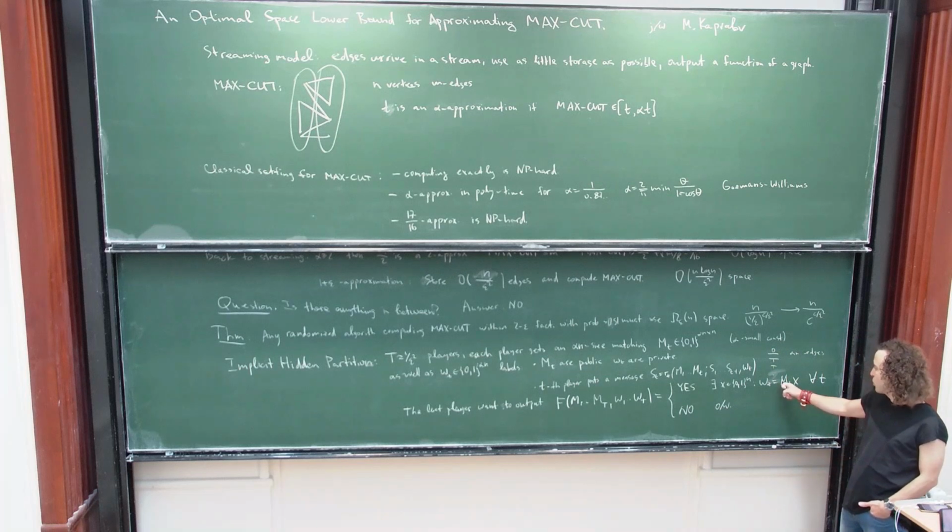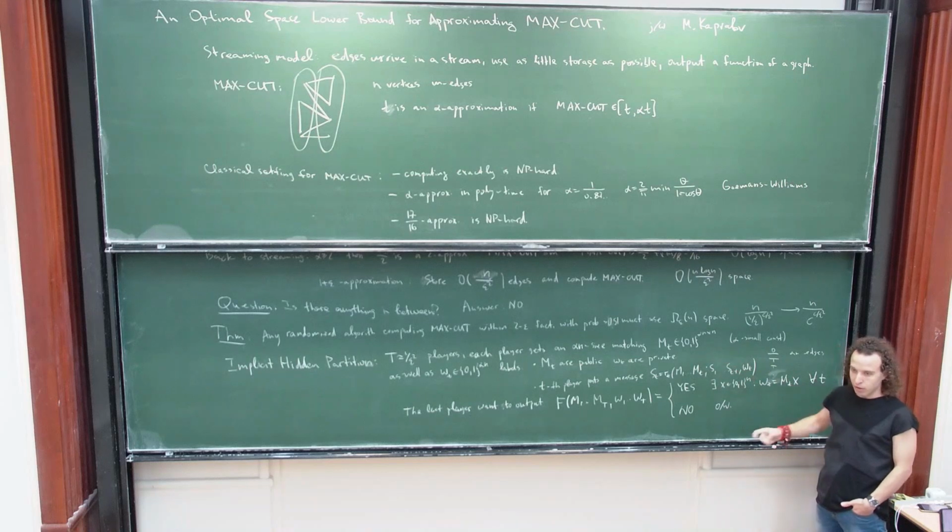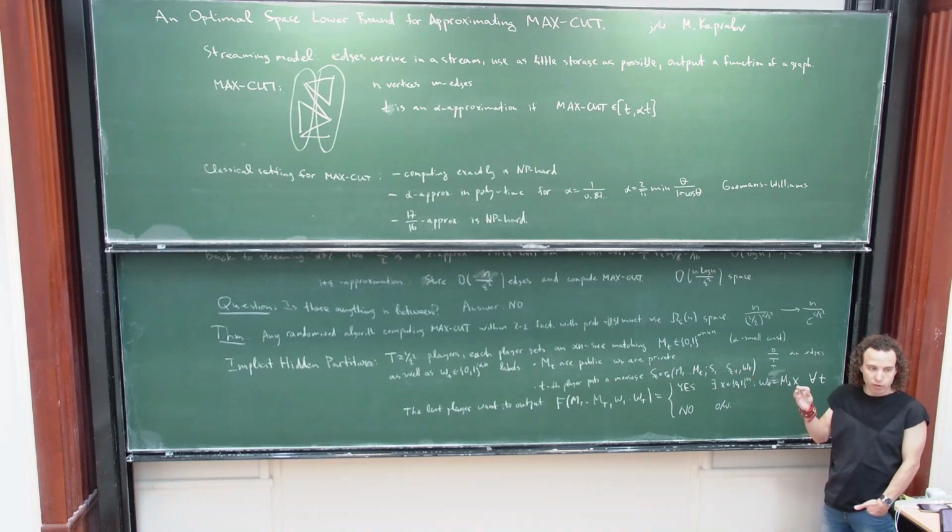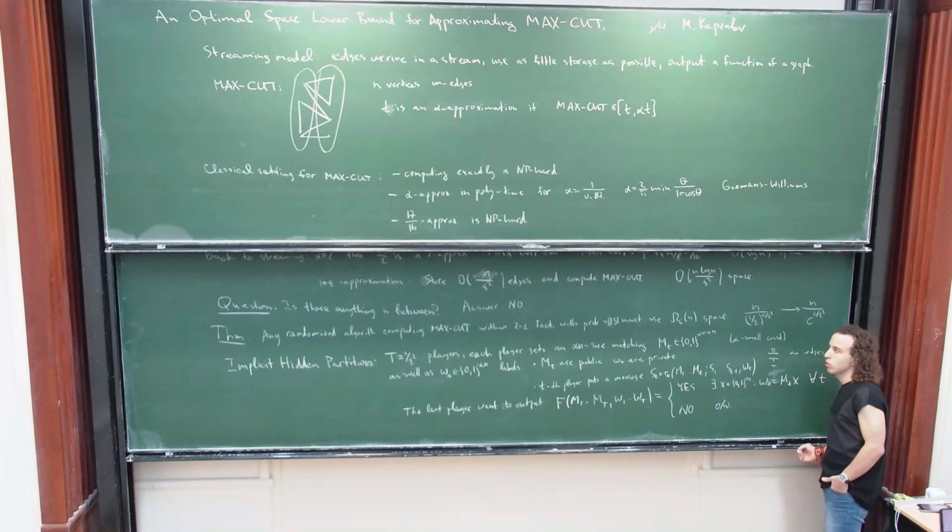So when you multiply the matching, which is given by a matrix, by the labels on the vertices, you exactly get the labels corresponding to whether the edge is crossed or not.